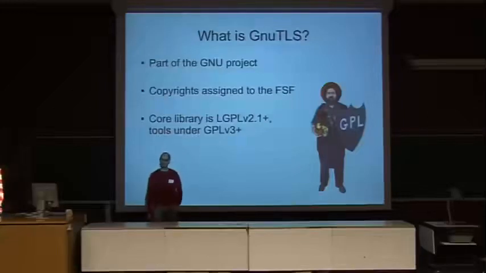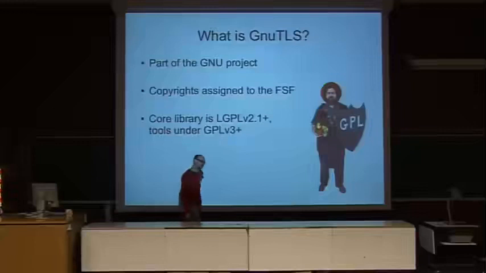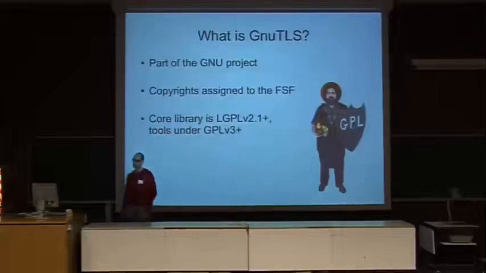Right now, it contains minor things like LZO compression, and it used to contain more things, but we have removed things from it. It used to contain the OpenPGP authentication, but that has moved into the LGPL part. So the majority of the library is LGPL version 2.1.